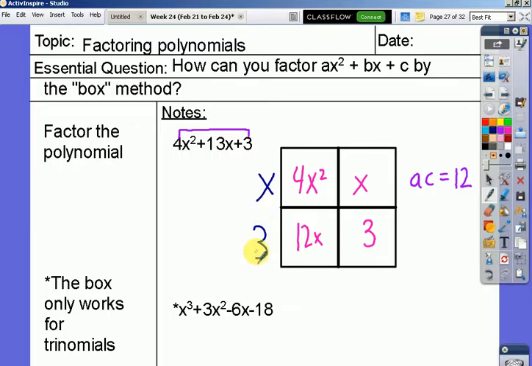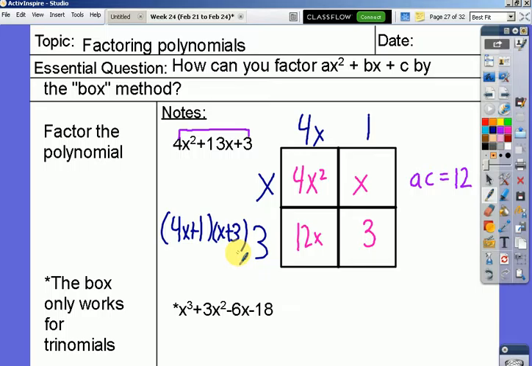First column, what can I factor out of these two? A 4x. Second column, what can I factor out of these? A 1, right? So guess what my answer is? 4x plus 1 times x plus 3. Yeah? The box method. It's nice.